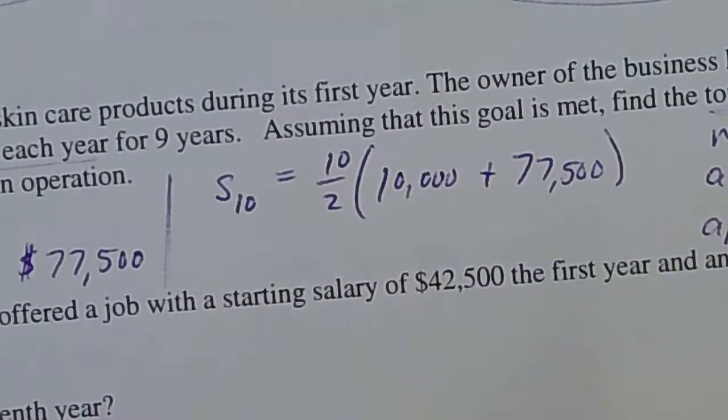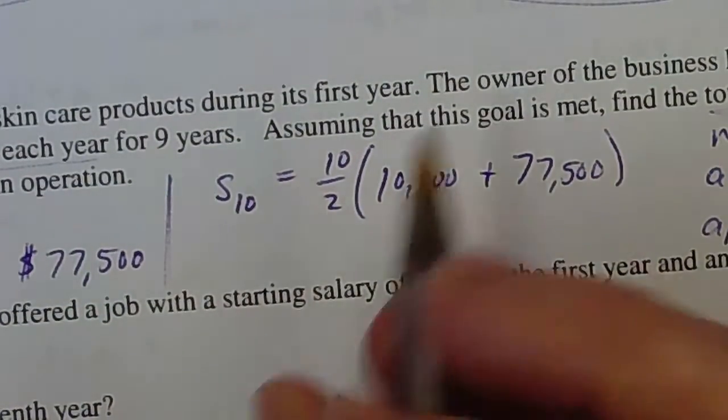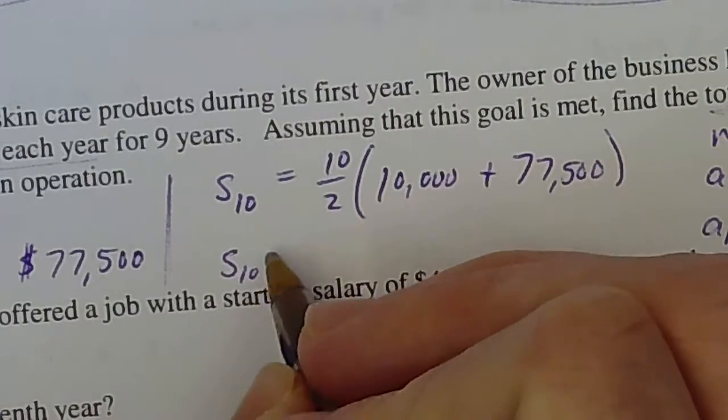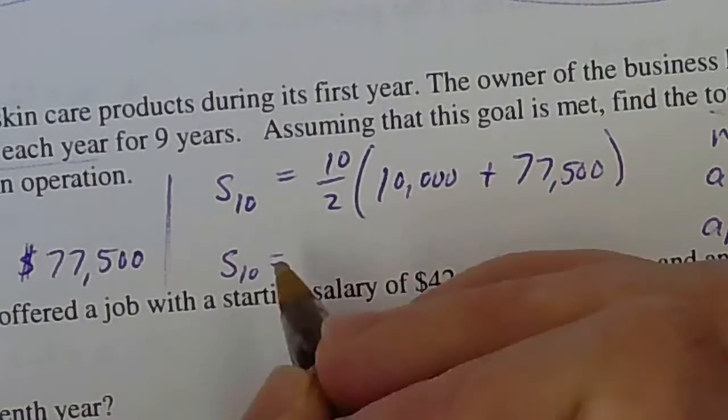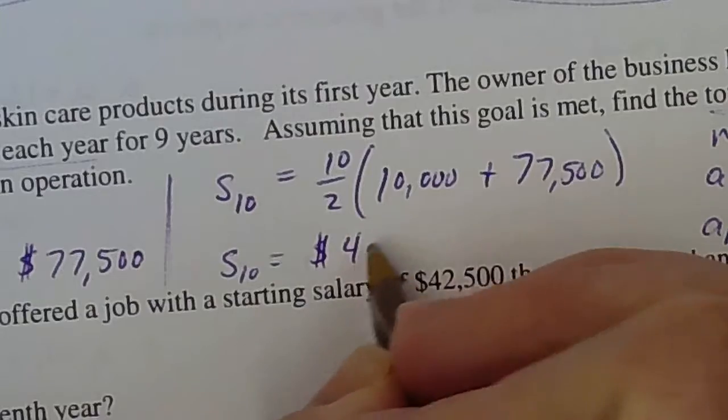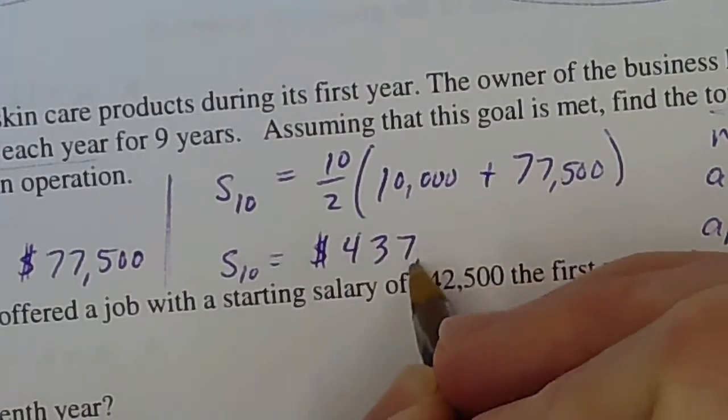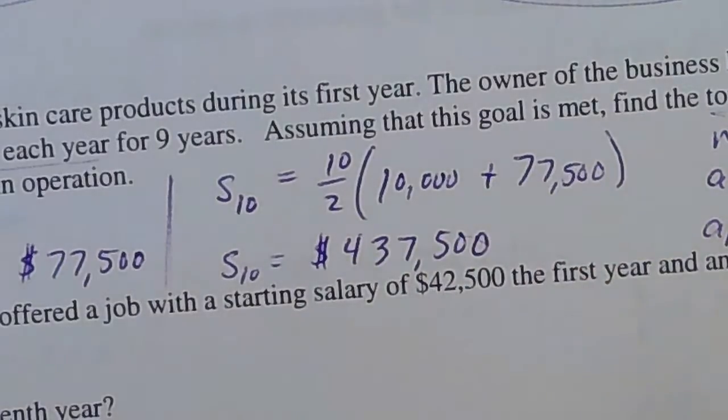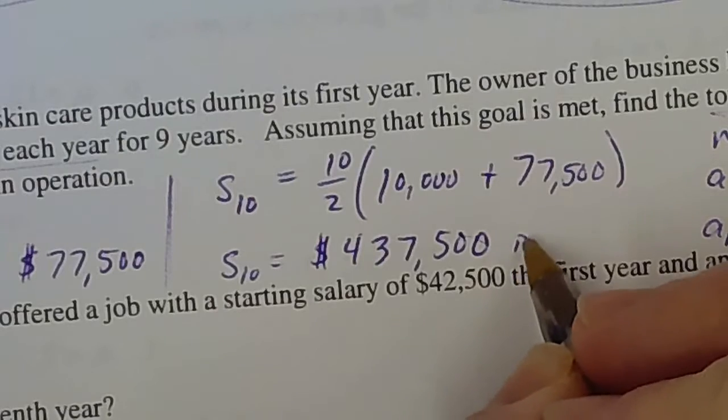Okay, and I have the number here. You know how to punch these in by now. So here it is. Adding up those 10 years of sales is 437,500.